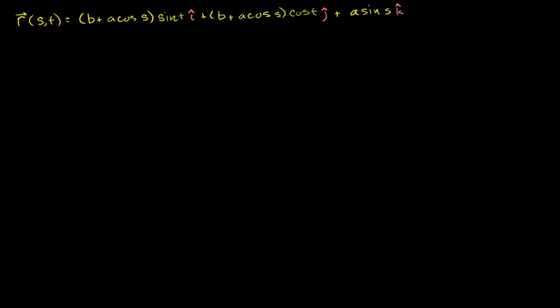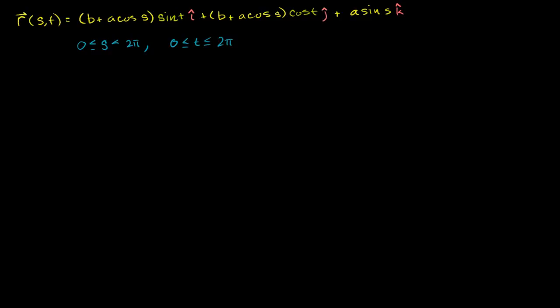And in order to generate the torus, or the donut shape, so we don't wrap multiple times around the torus, this is true for s being between 0 and 2 pi, and for t being between 0 and 2 pi.